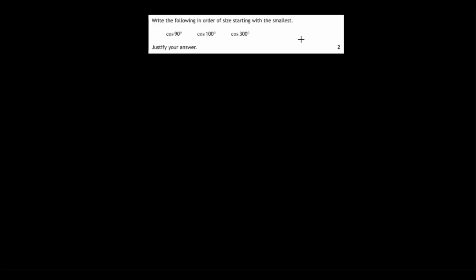Okay, let's do an example. Write the following in order of size, starting with the smallest. And it says cos 90, cos 100, cos 300. So these aren't all multiples of 90, but we can still use the method we've just covered to compare them using a graph. So let's just draw them on a graph.